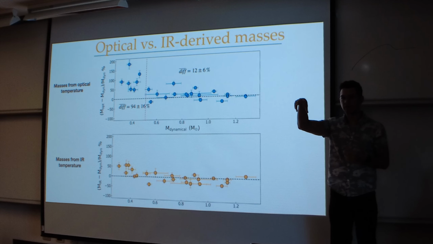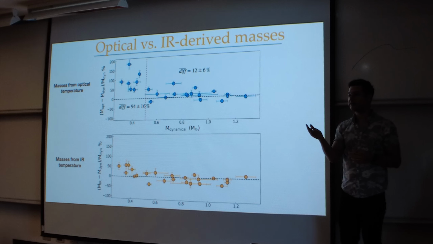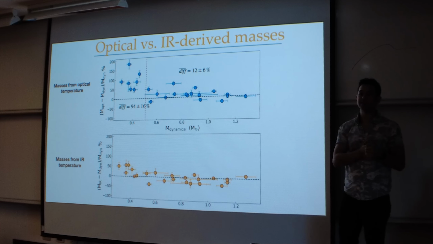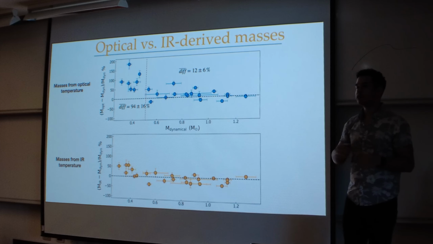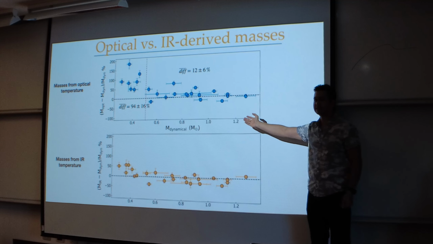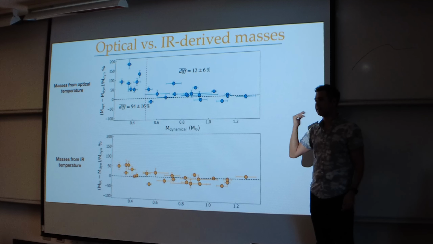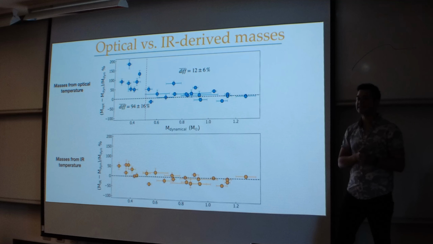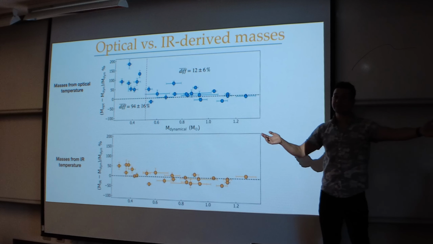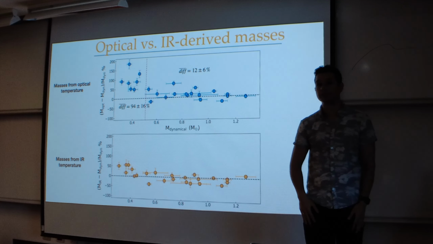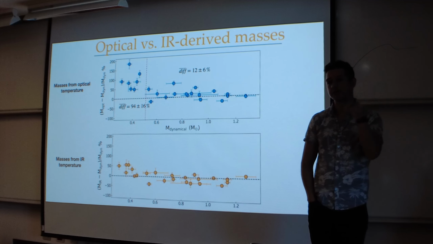So the sizes of your spots might vary from day to day or month to month, or I don't know how rapidly this thing can change. So it's not that we can just say, okay, this star in 1980 had a hot spot, let's take an infrared spectrograph and try to do this. Ideally, you want to get a simultaneous one, something like X-shooter, and get it from the UV all the way to the infrared, so you can use 3 different temperatures. But that's a great solution, just using the UV to get a hot spot.